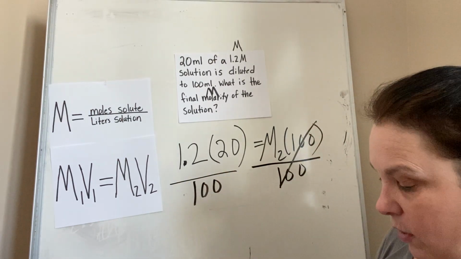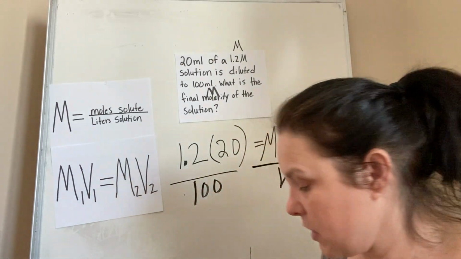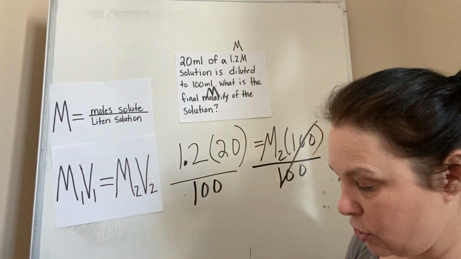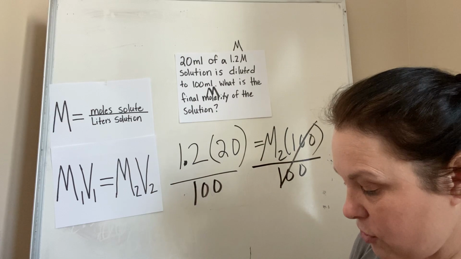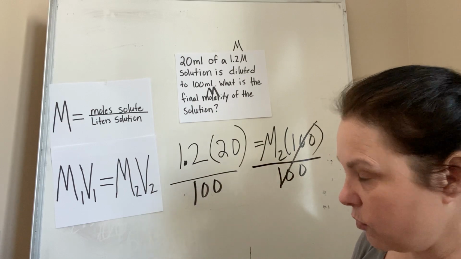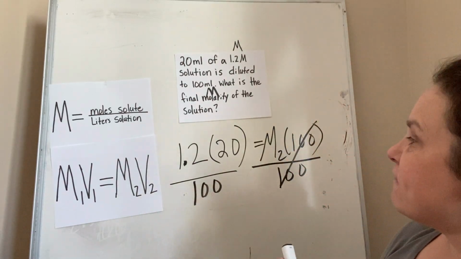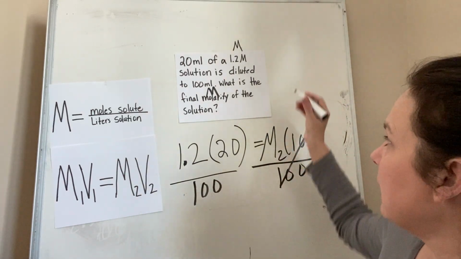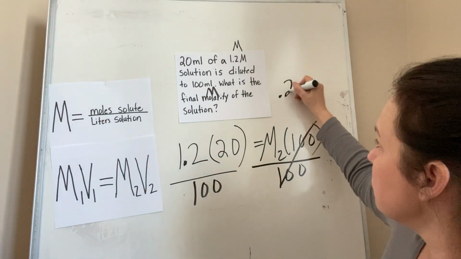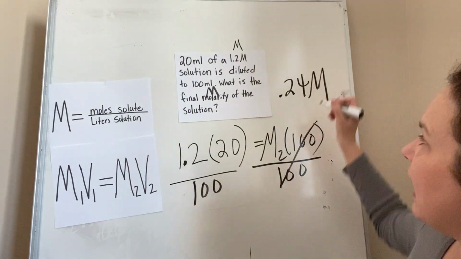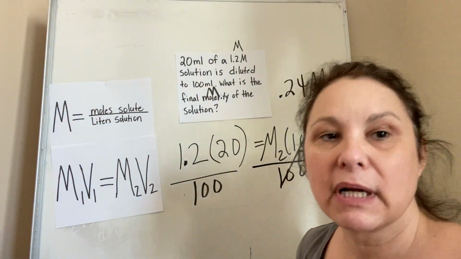Divide it out here as well. And once we say 1.2 times 20 equals, and then that divided by 100 gives me a final molarity of 0.24. That is my final molarity.